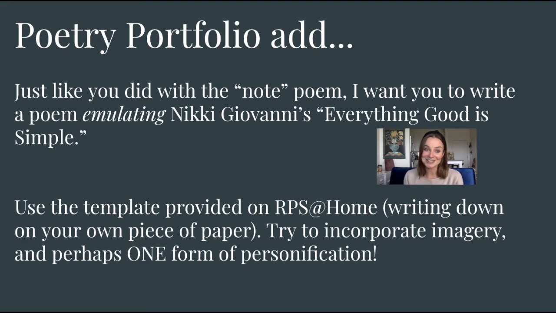All you've got to do is list things that mean a lot to you. Everything Good Is Simple is about things that she finds really good and really simple in her life. But she goes on to describe many types of things that might not be simple, but also could be good. So go ahead and fill those in with things that are important to you, and you're going to add it to your poetry portfolio. I'm so excited to see what you come up with.